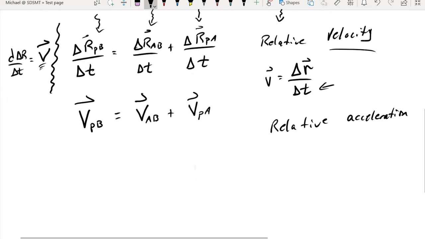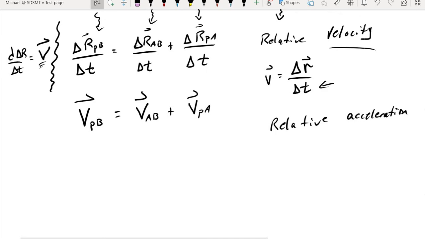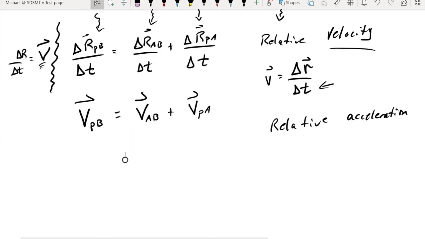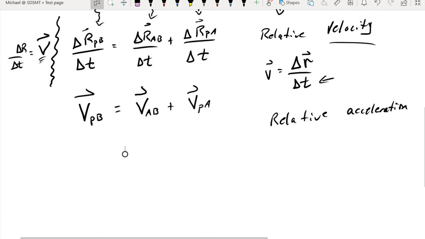And now you can probably guess how we're going to produce a relative acceleration expression. And that is that, oops, I don't know why I had a D over here, sorry. There are two types of relative velocities. I guess we'll come back and talk about that. We'll go ahead and get our expression for relative acceleration first.